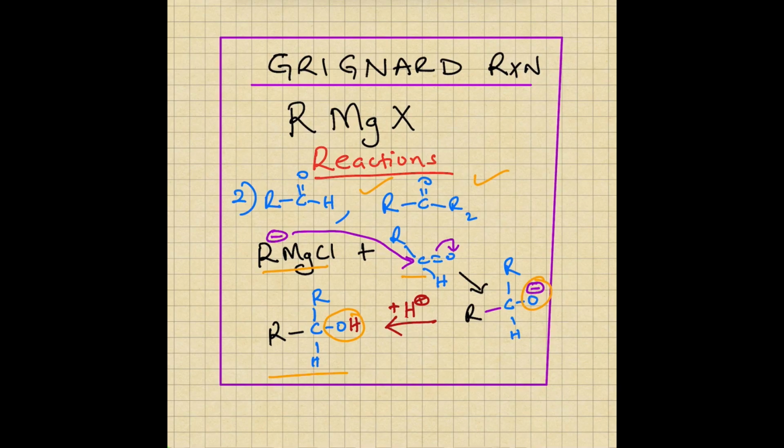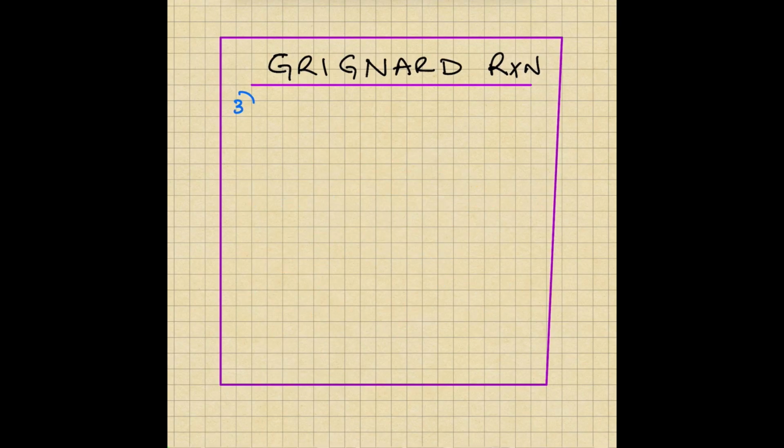So if it reacts with an aldehyde, it has only one R group, and therefore you end up with a secondary alcohol. If it reacts with a ketone, you're starting with two R groups, and therefore you end up with a tertiary alcohol.